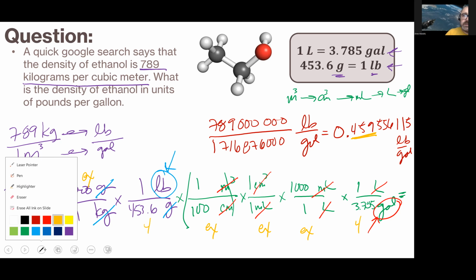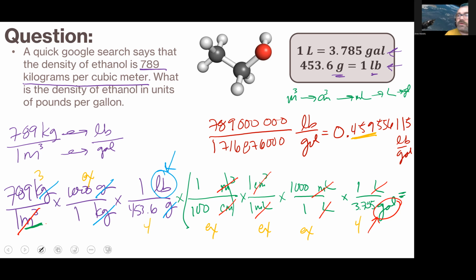So when we round this, okay, this is a 5, so this 9 becomes a 10, so that's a 0, so this becomes a 1, which makes that 6. So 0.460 pounds per gallon. I'm sorry I got small there, okay?